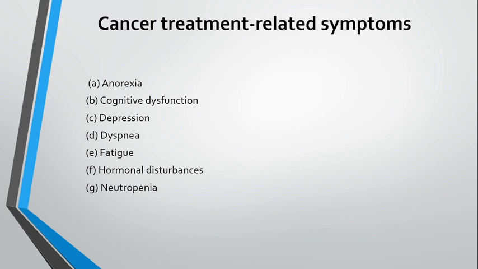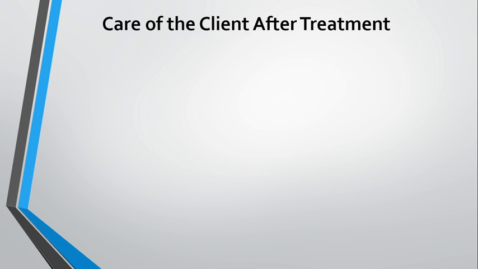So following cancer treatment, the patients become more prone to infections. Also pain, peripheral neuropathy, damage to nerves, and sexual dysfunction. So these are some of the cancer treatment related symptoms, and as nurses, it is your role to help the patients deal with them.